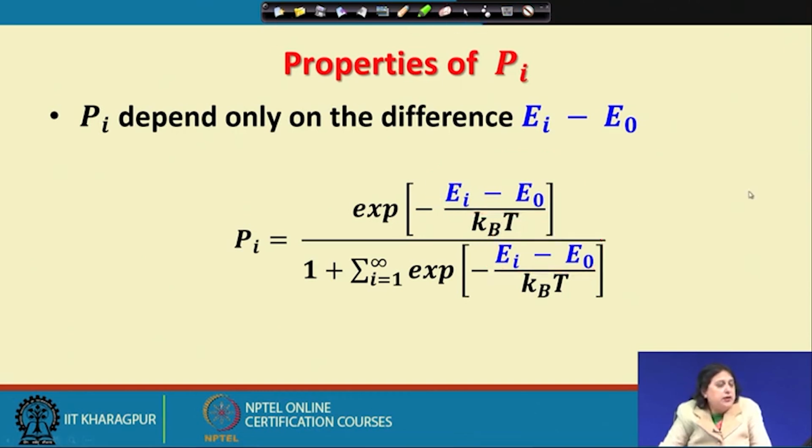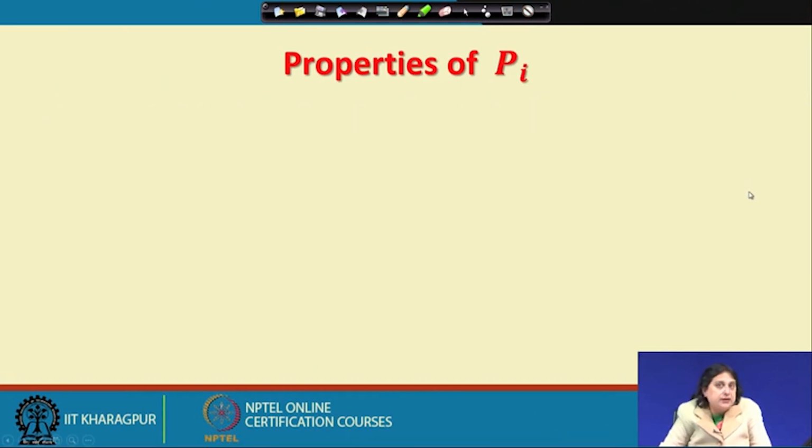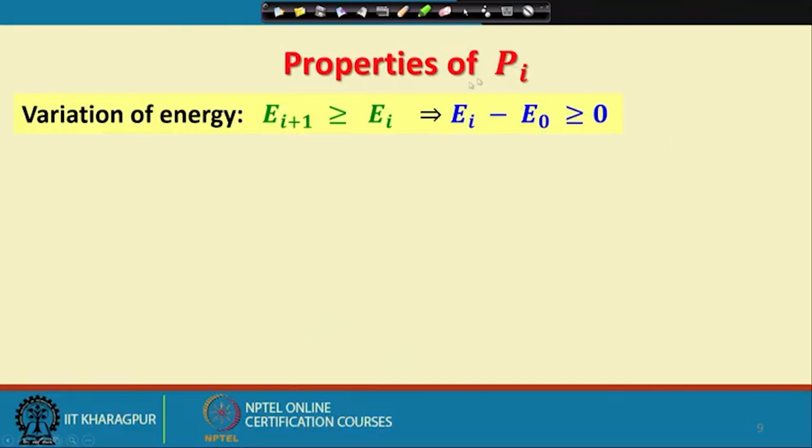Now, if I go a little further and try to understand the consequence of this, we understand that in general, from the solution of the Schrodinger equation for simple systems, we always find that E_{i+1} is greater than or equal to E_i, assuming that i is the quantum number that we are talking about.